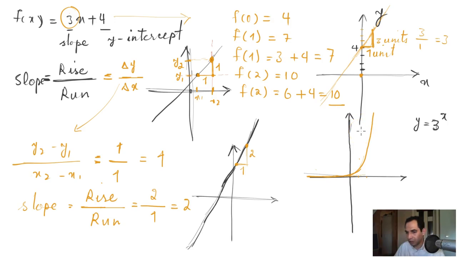Let me get another page here, and we can compare the two things together. So this was a few facts and examples about linear functions. On the other hand, we have exponential functions like this model over here.